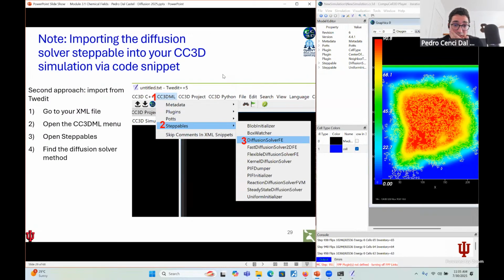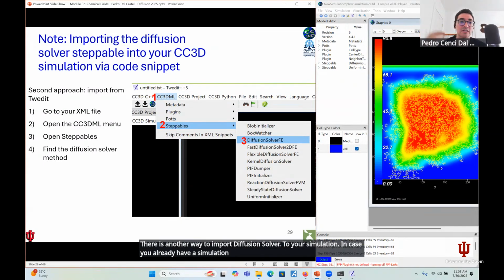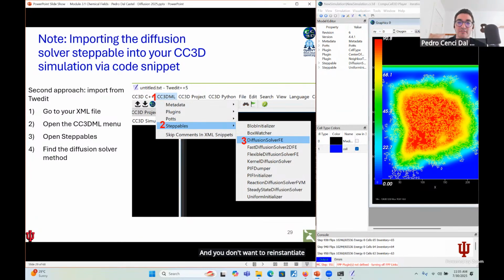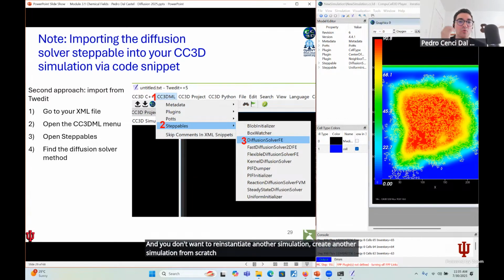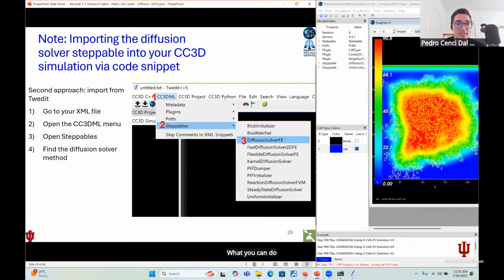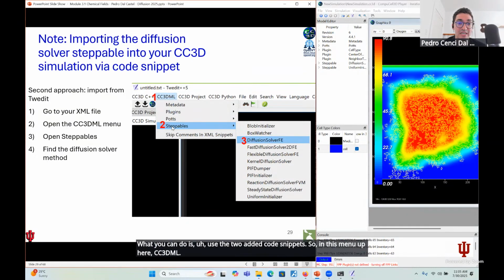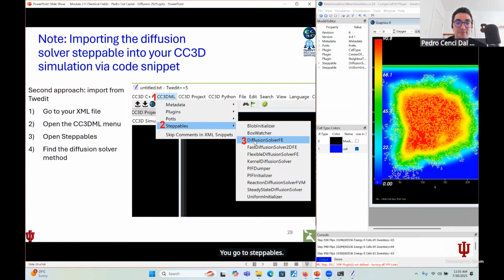There is another way to import the diffusion solver into your simulation. In case you already have a simulation running and working, and you don't want to create another simulation from scratch, what you can do is use Twedit's code snippets. In this menu up here, CC3D, you go to Steppables, and then click Diffusion Solver FE.